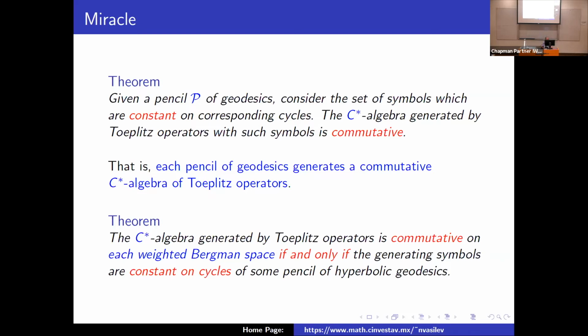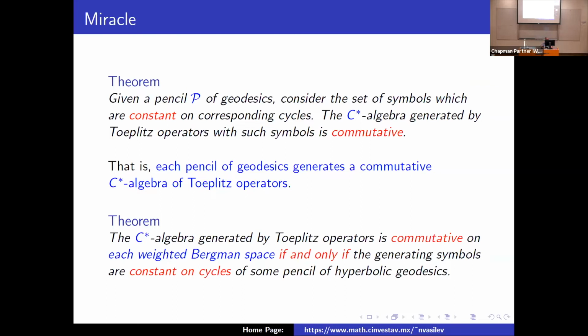Then the C*-algebra generated by Toeplitz operators with such symbols is commutative. So the moral is that each pencil of hyperbolic geodesics generates a commutative C*-algebra of Toeplitz operators. The trick is that the symbol should be constant on cycles, the orthogonal trajectories to geodesics.